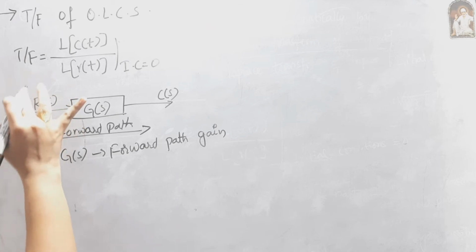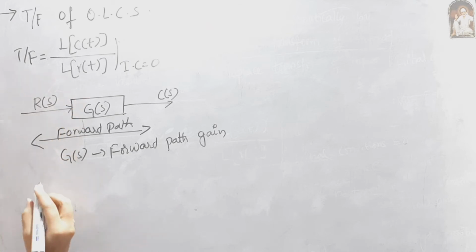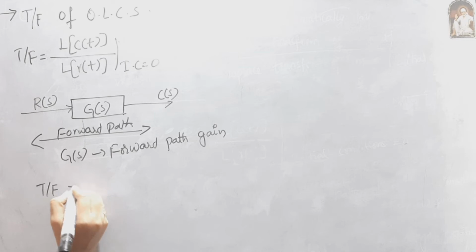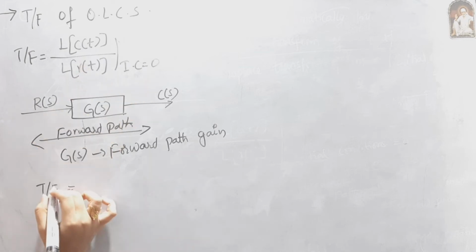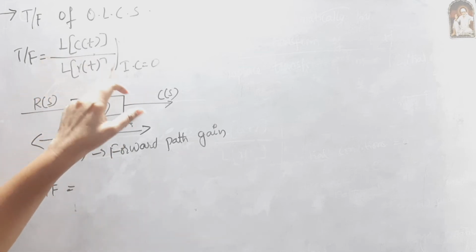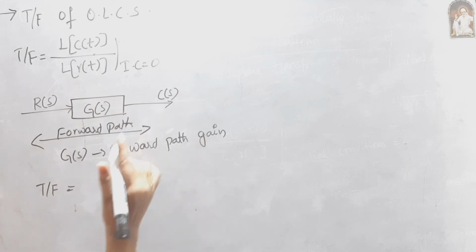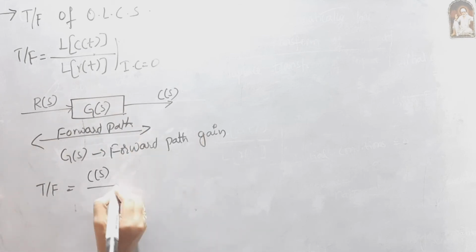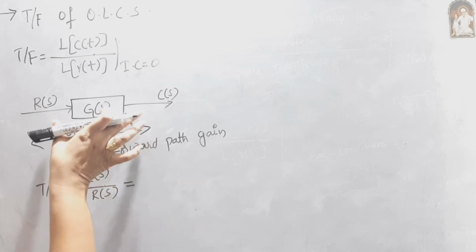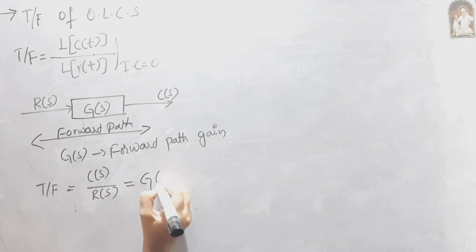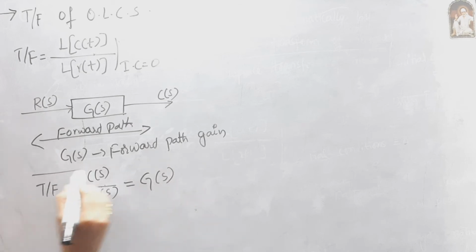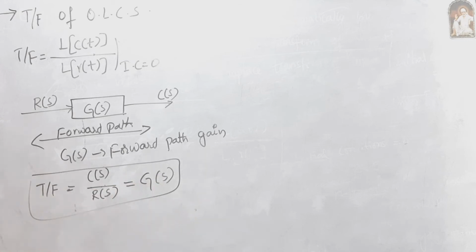Transfer function equals output by input, Laplace transform of output by Laplace transform of input, nothing but C of S by R of S with initial conditions equal to 0. We have the output as only G of S, the forward path gain. This is the transfer function of open loop control system.